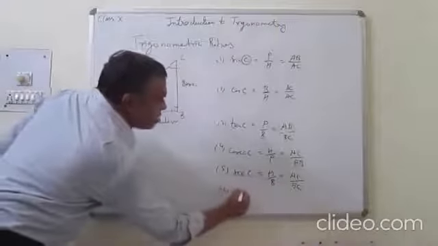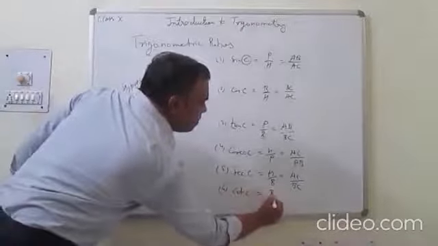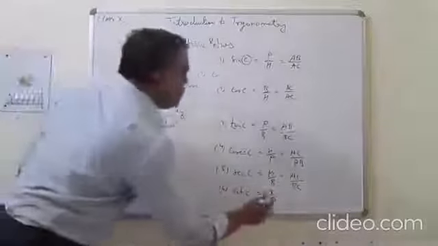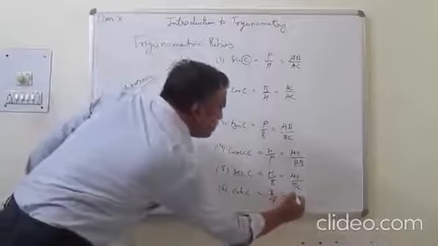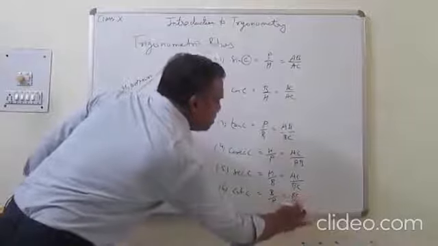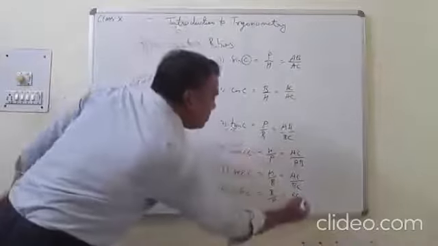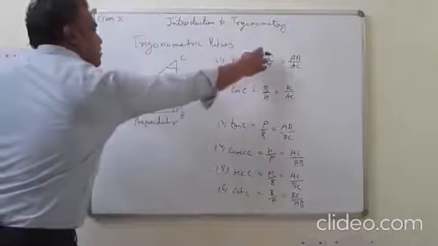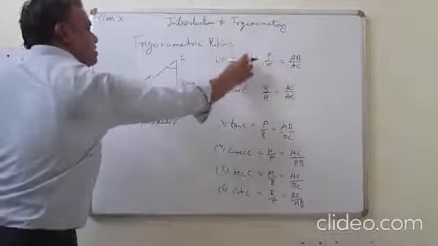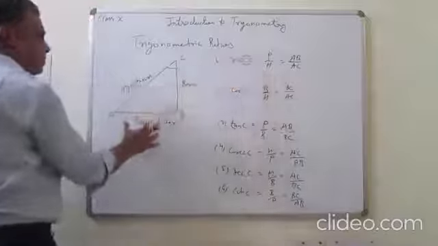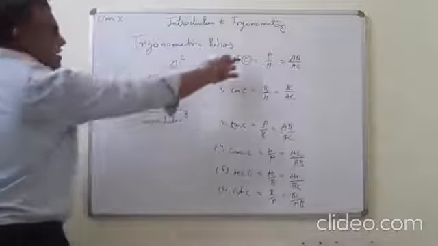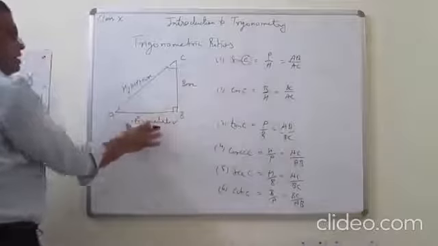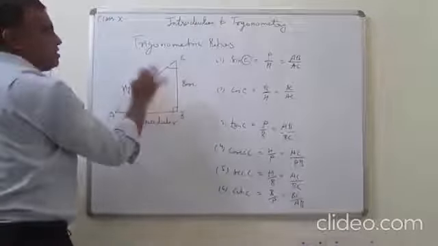Now cot C is B upon P, BC upon AB. So the formula is the same, P upon H, but when you change the angle, the perpendicular is changed. In angle C, the perpendicular is AB, and in angle A, the perpendicular is BC.